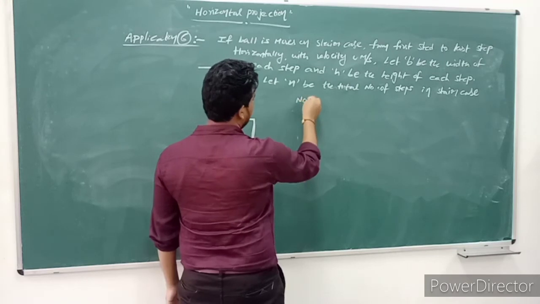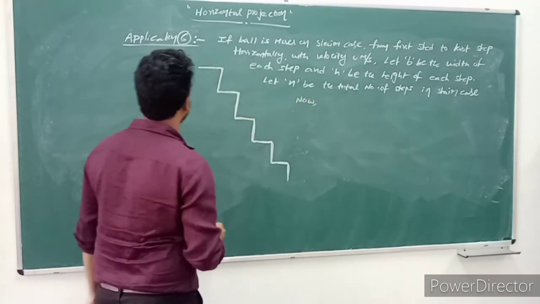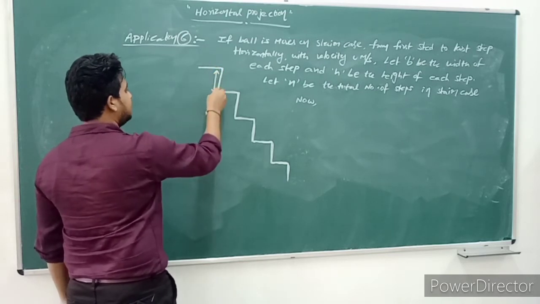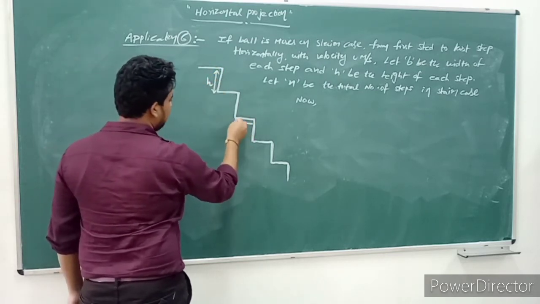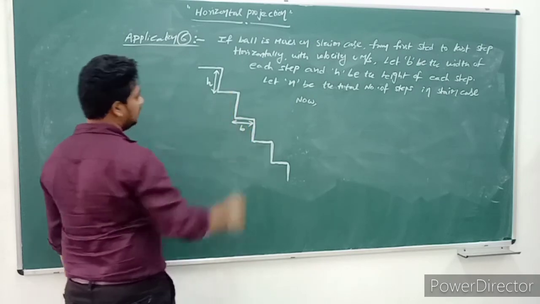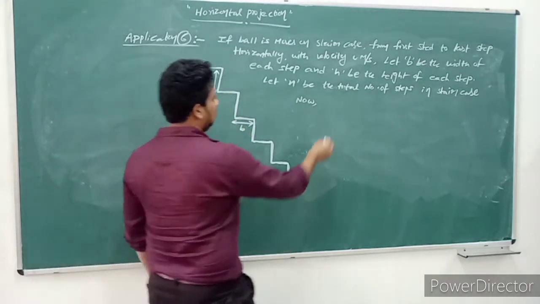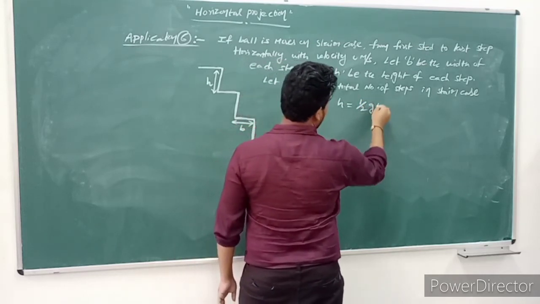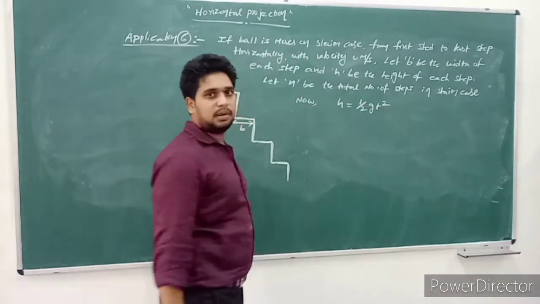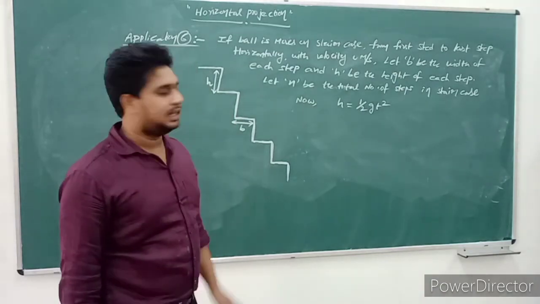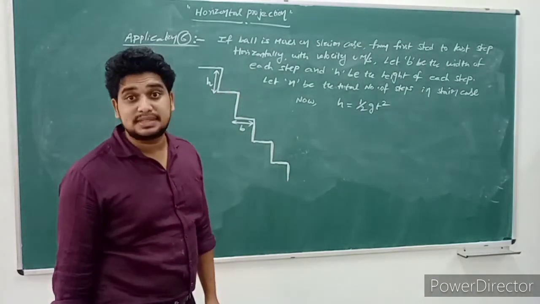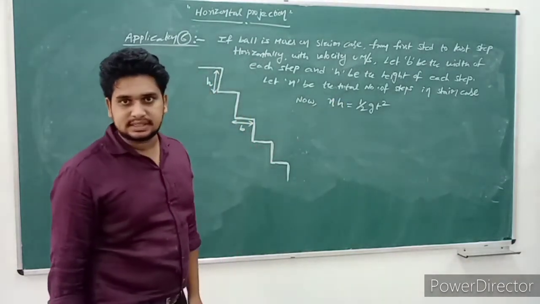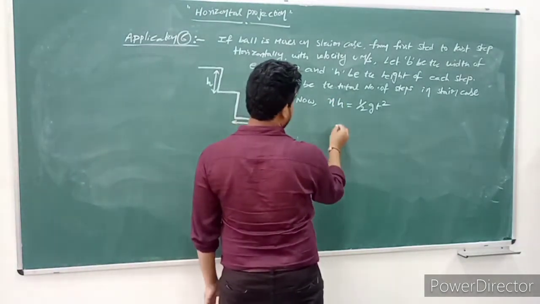Now, each step's height is h and width is b. So height h is equal to half g t square, as you already know. Here, n steps are there, so n h is equal to half g t square.